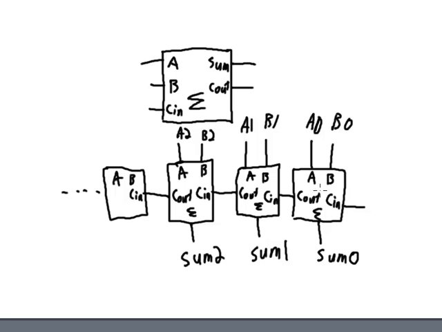So let's say it takes 10 nanosecond propagation delay for each one of these gates. So the value gets applied to the input of the AND gate of the adder. 10 nanosecond propagation delay before Cout is valid, and then it's another 10 nanosecond delay before sum 1 is valid.